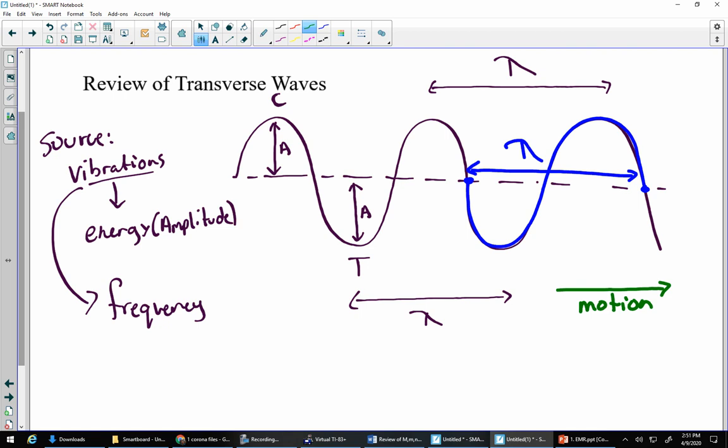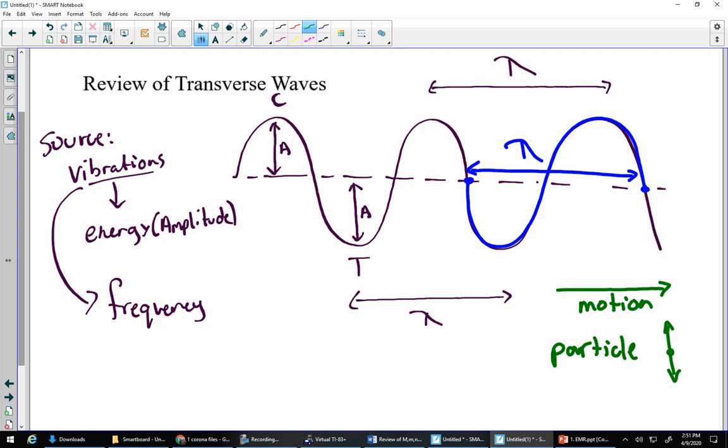Which direction is any given particle going to be moving? It's just going to be vibrating up and down. So for particle motion, particles are moving up and moving down, perpendicular to the motion of the wave.